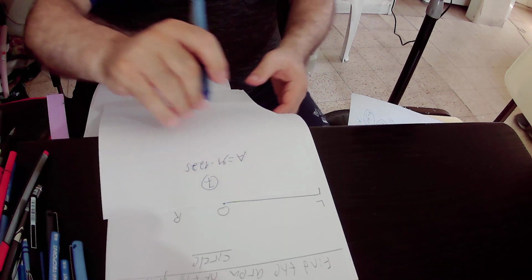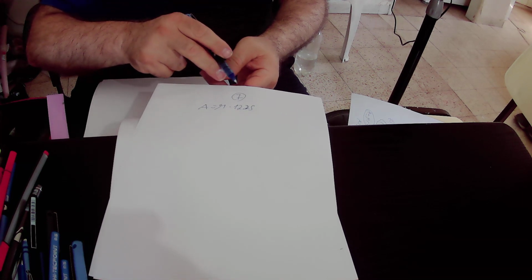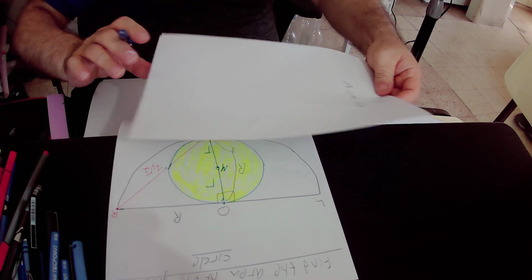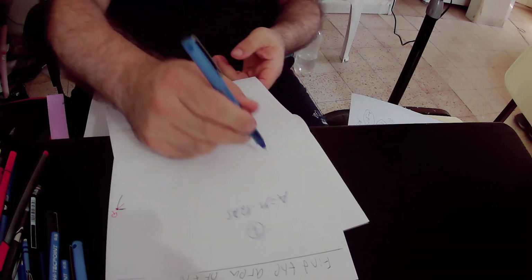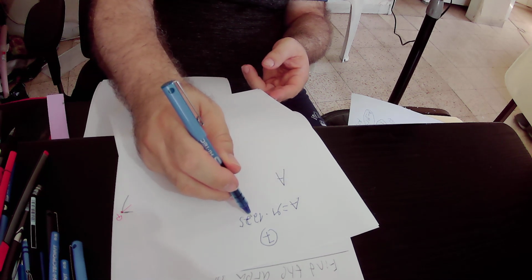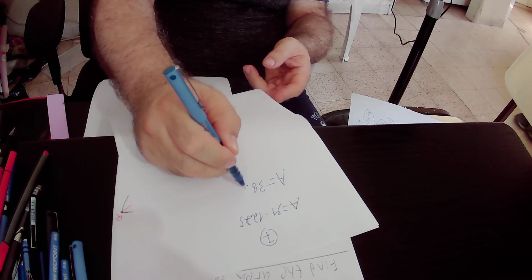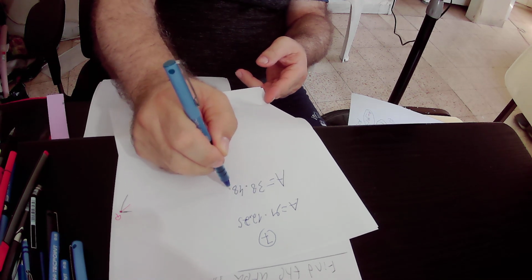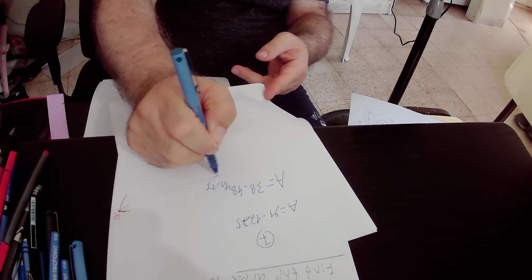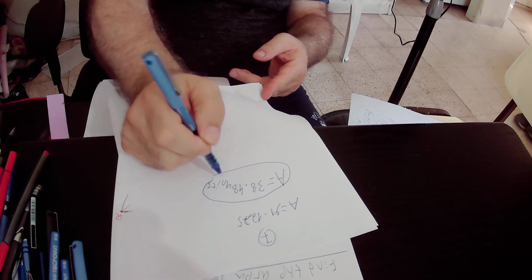Okay, so the area of the yellow circle equals pi times 12.25, and pi times 12.25 equals 38.48 units, and that is our final answer to the question.